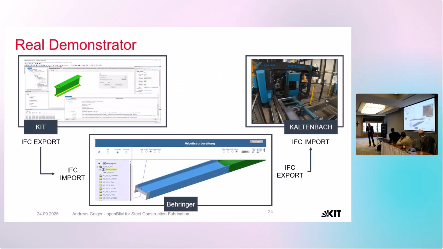And we have realized that here with a Kaltenbach machine, a sawing machine on the right-hand side, and here you can see the production planning software from Behringer.